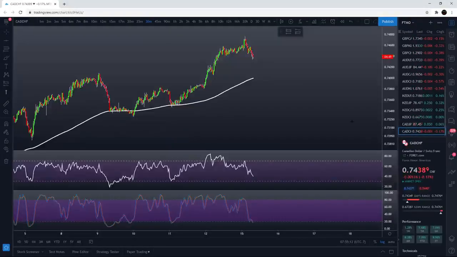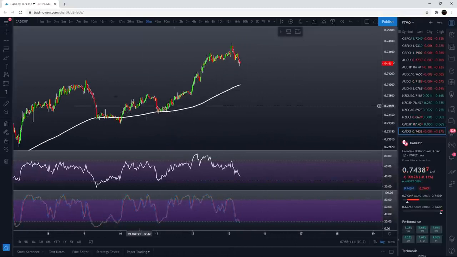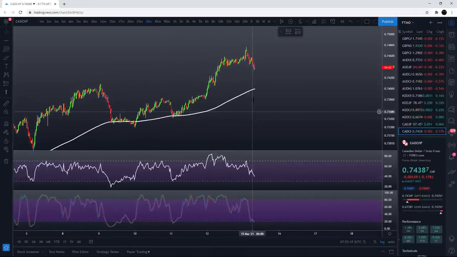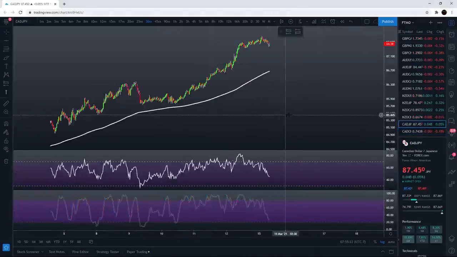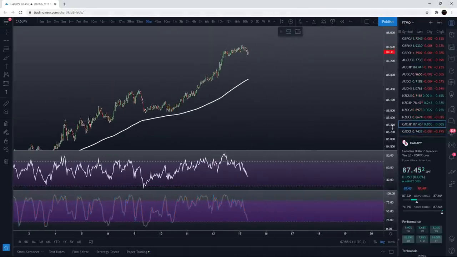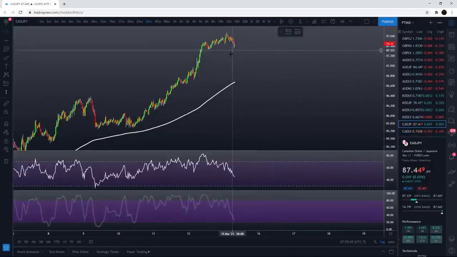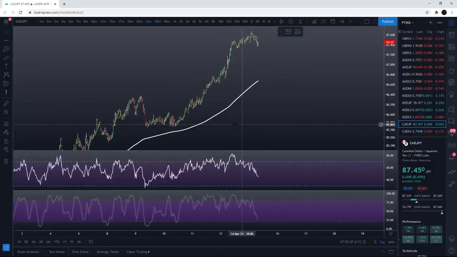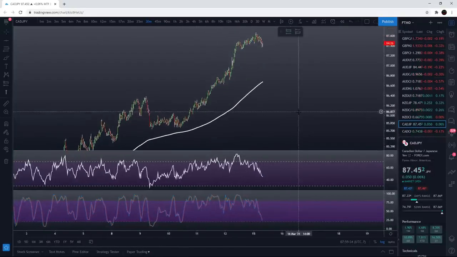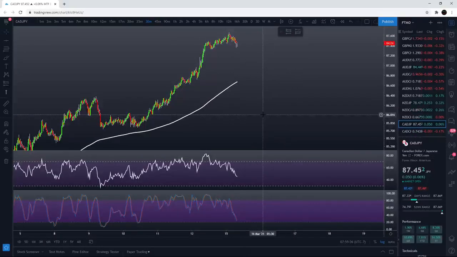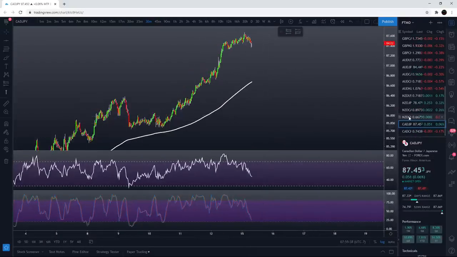Let's check these. Yeah, not really, you know. It's just hard to know where to compare this pullback to, since there really hasn't been a solid pullback along the way here. So I'm just gonna pass on that one.